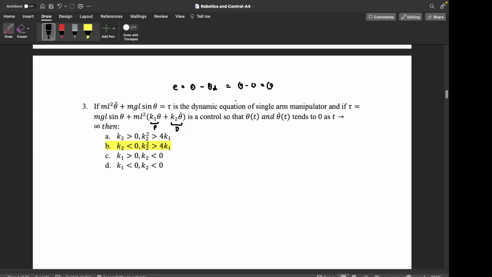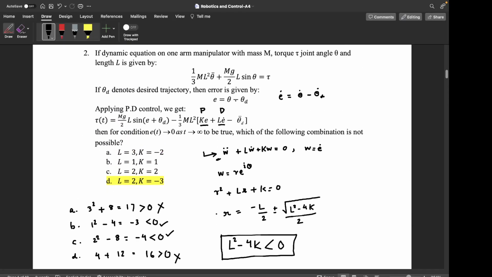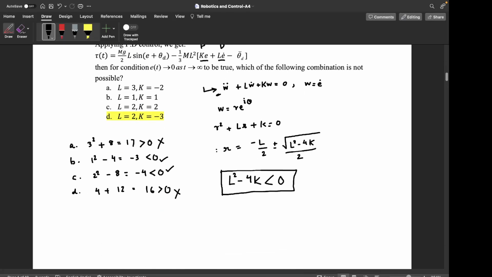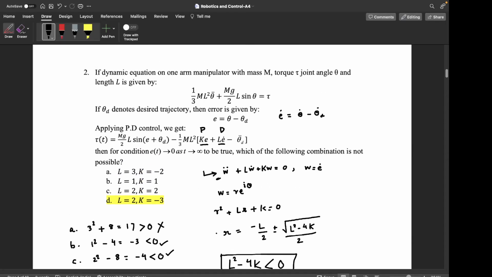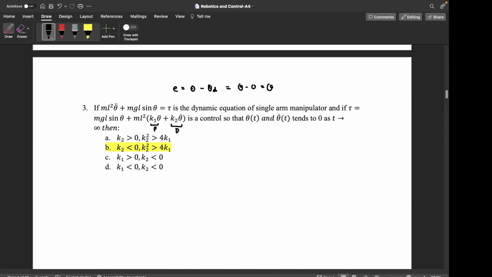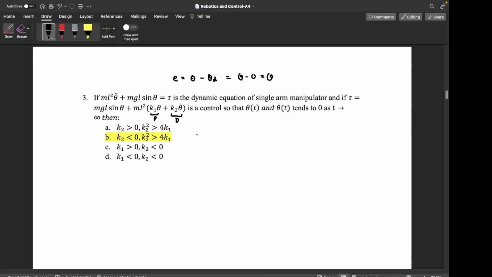I'm just trying to draw parallels between this setup and this setup. You might think that this is e here and this is theta here, so there's something different, but it's not. It's basically the same setup.